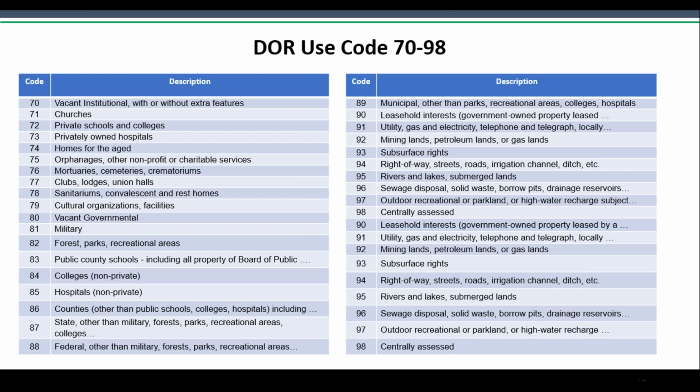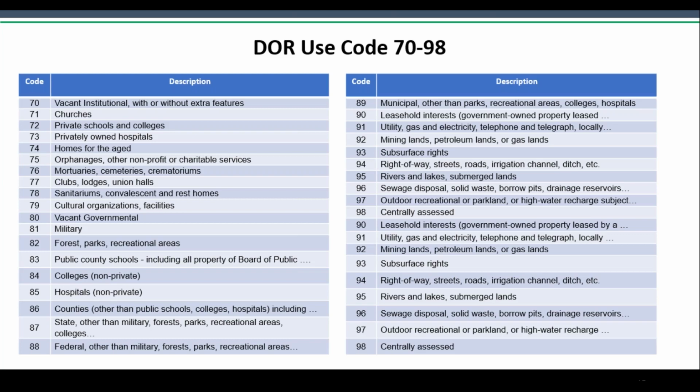Parcels that have a DOR use code of 70 through 98 are associated with industrial or institutional uses, and these can be things such as schools, mines, military lands, churches, utilities, government entities. For instance, the federal government. We don't interface with the federal government a lot of the time in our program.